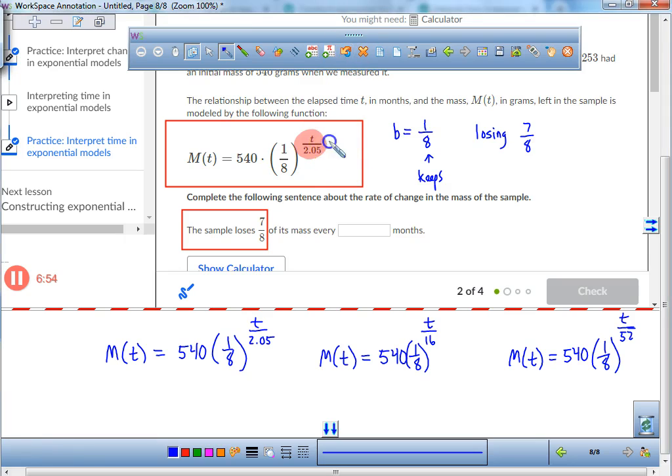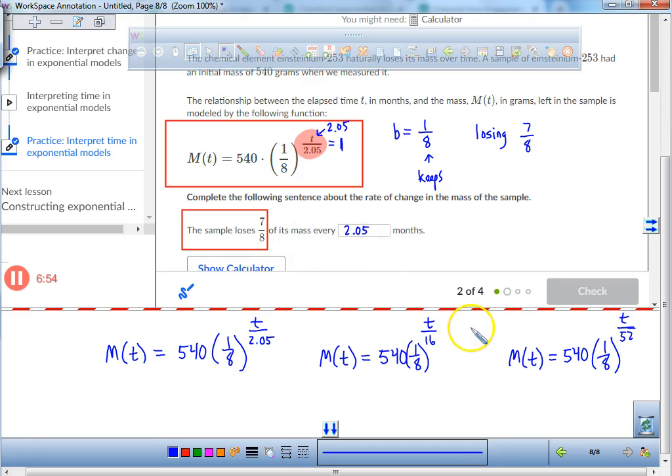So what number would you have to put in for t for this to equal a 1? What number would you have to plug in? 2.05. So literally, it loses 7/8 of its mass every 2.05 months. So the number that you'd have to plug in to get it equal to a 1 would be 2.05. Well, how long would I have to wait on this one?